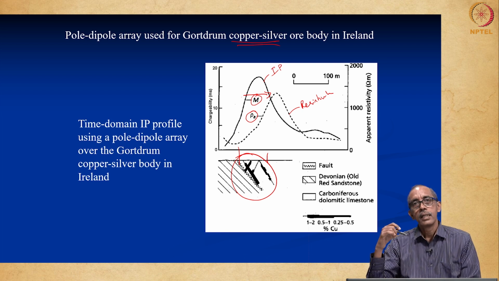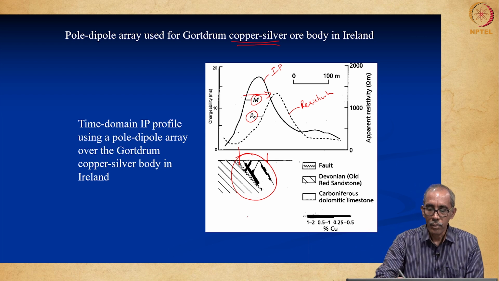Please remember, the resistivity meter which we are using for the self potential method or resistivity method, the same meter can be used for the IP method also. So, usually when we carry out a geophysical investigation by electrical methods, we will conduct all three methods. What are the three methods?